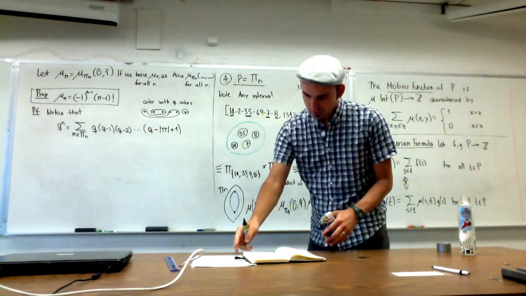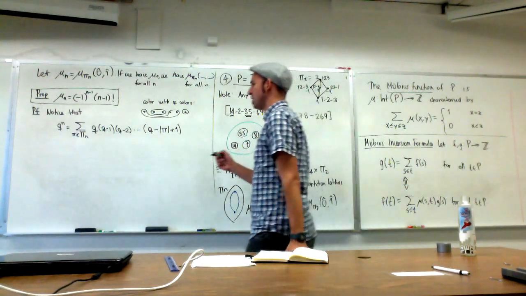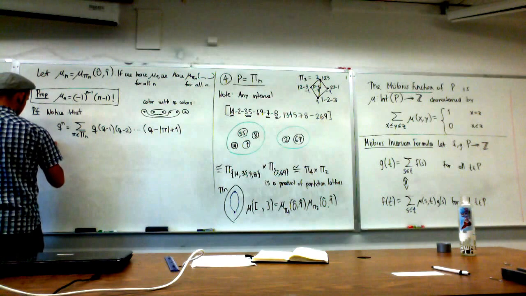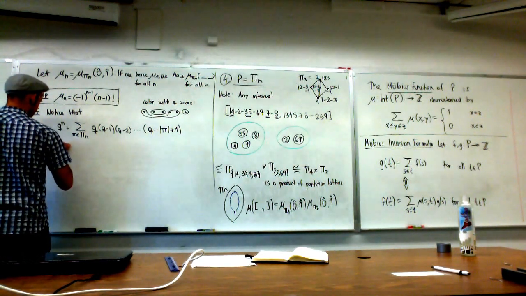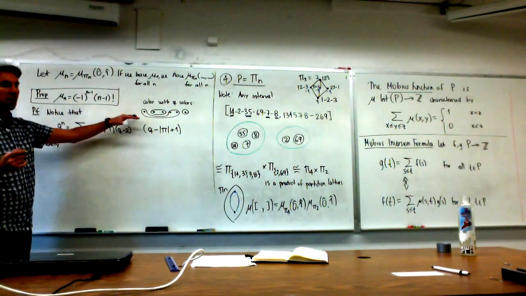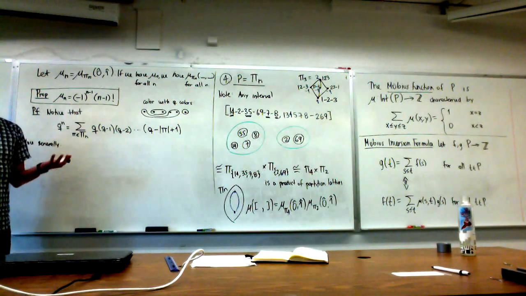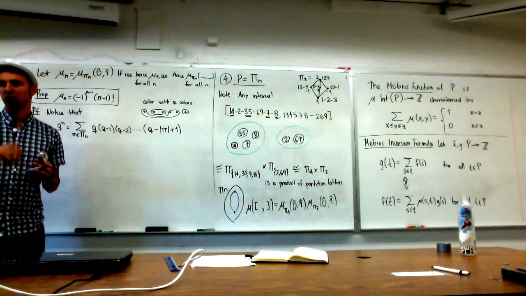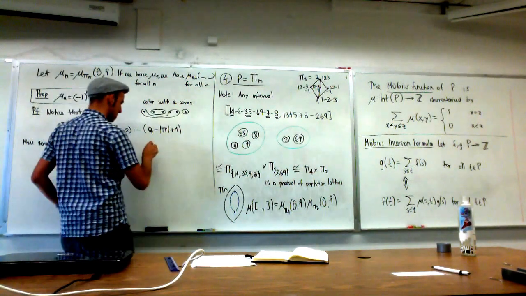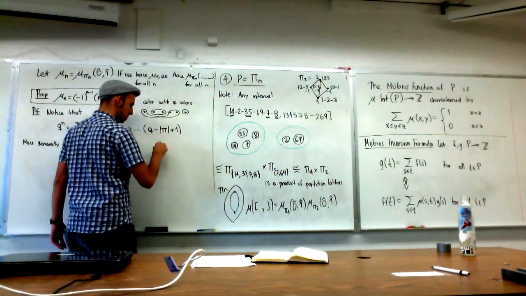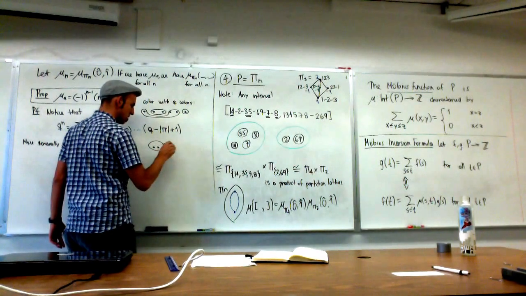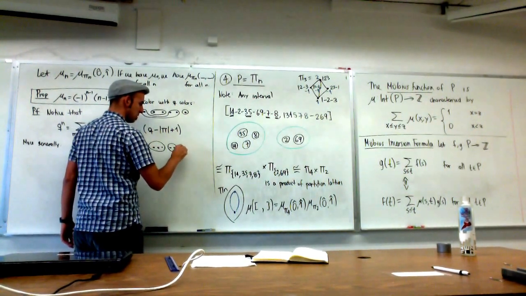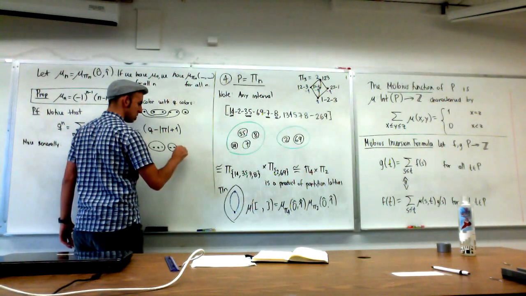Let me do something a little bit more general. Suppose that I actually start with a partition already. So I don't start with individual balls, I start with a partition of balls. So these guys are grouped, and these guys are grouped, and these guys are grouped.